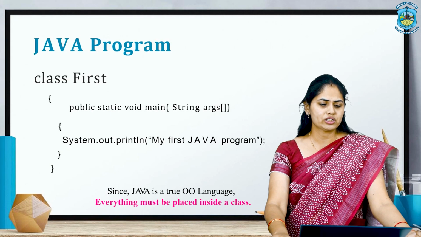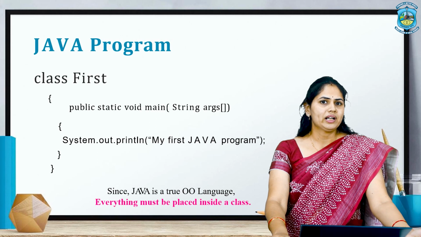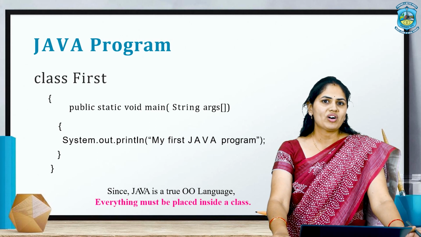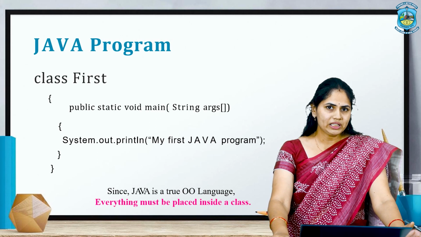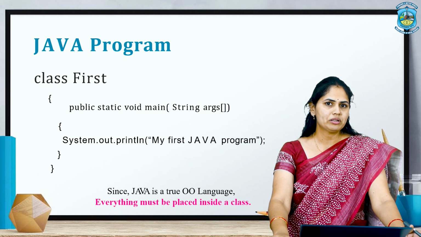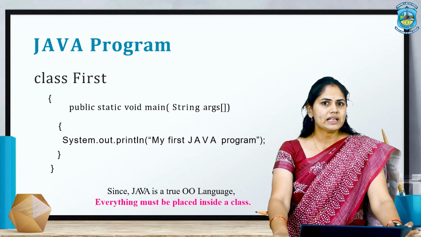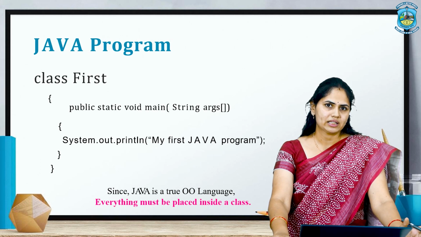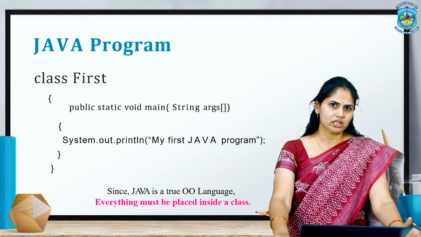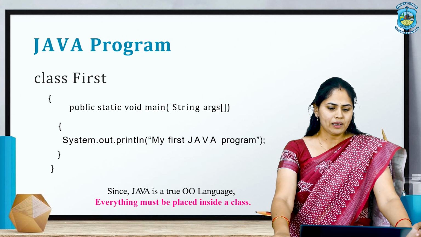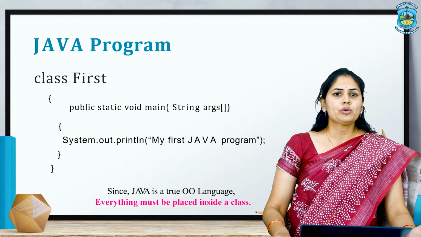So this is the Java program where the class name is first. And within this class we are writing the main function, public static void main String args. And in that main function, we'll define a function to print.